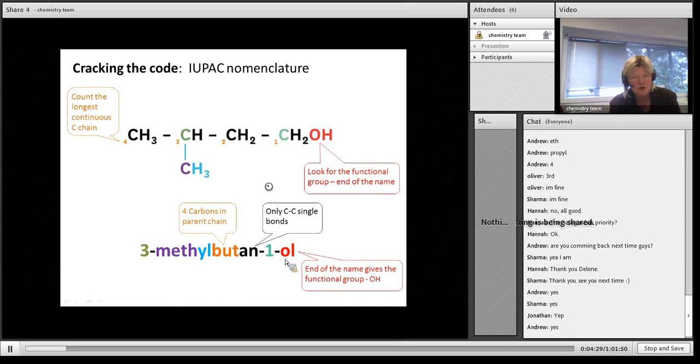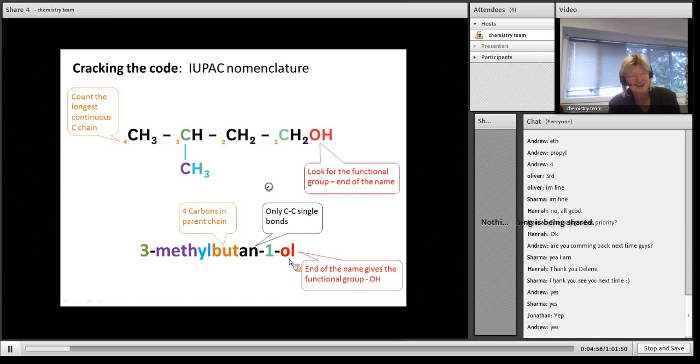If the ol starts with a vowel, o, then we drop the E. So we never have 2 vowels together. So we don't say 3-methylbutaneol. Okay, it doesn't flow off the tongue as easily as 3-methylbutanol.